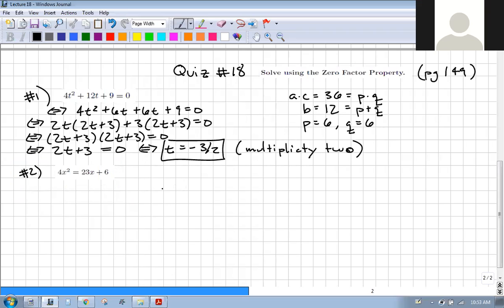All right, let's look at number 2 here. First thing, let's put it into standard form. All right, now we'll try our trick here again. 6 times 4, yeah, negative 24 here.